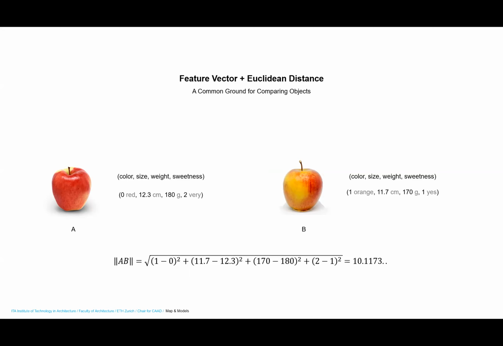Assume now we have a third apple, and we do similar operations between the third one and these 2, and we get another 2 numbers. By comparing how large these numbers are, we numerically know which 2 are close to each other, which means which 2 are more similar to each other than to the others. This is basically how feature vectors work.